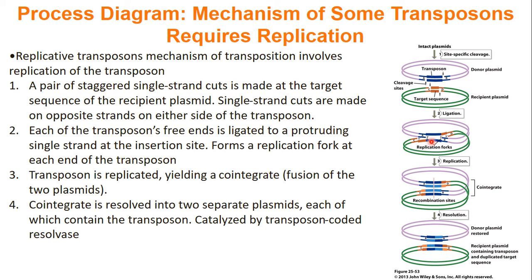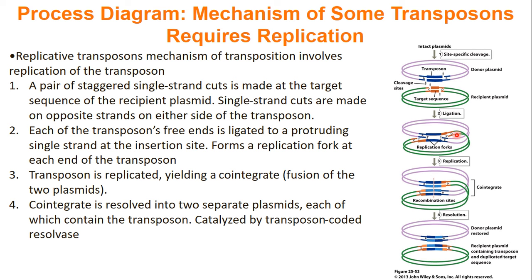Then each end of our transposon is ligated to a strand of our other version of our plasmid. And what happens is that now we have created replication forks on our purple DNA. So here we can see we have DNA that has open 3' ends, and we have copies of our 5' end right here.